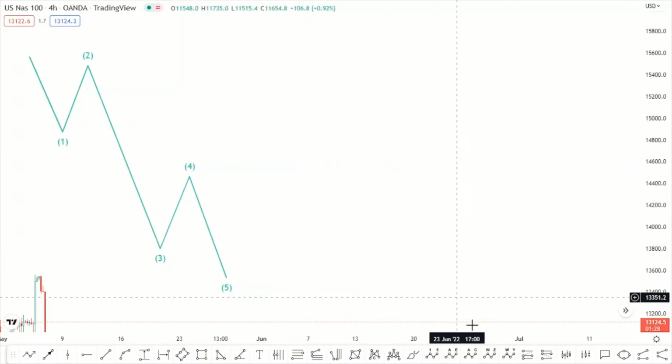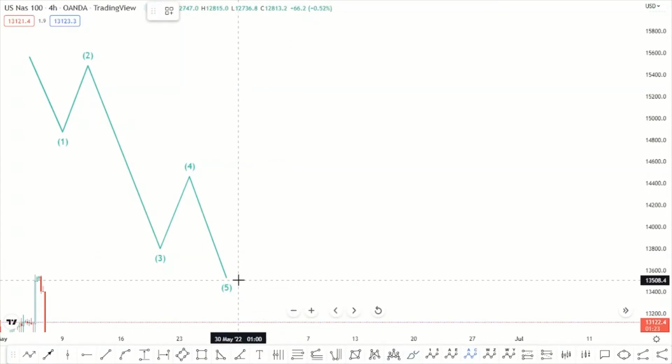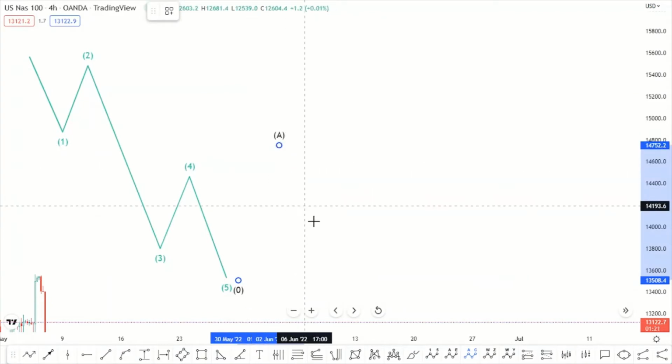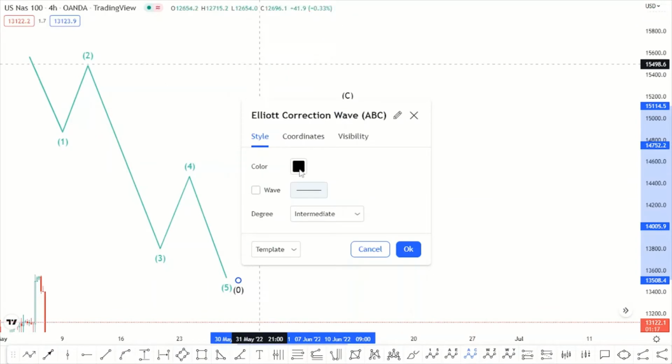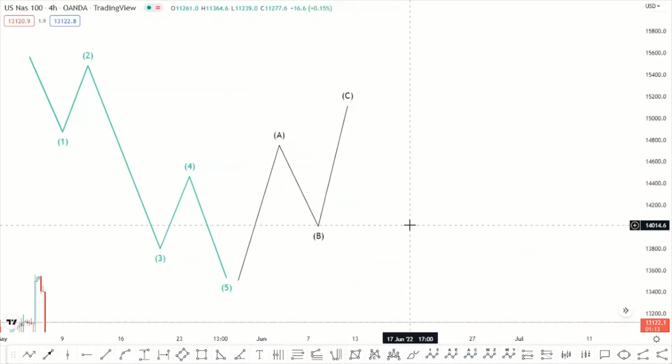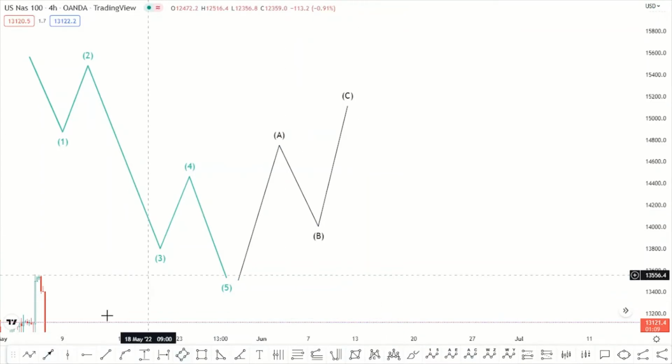After you complete all the structure, you are followed by an ABC correction in the opposite direction, just like this. Then you would be ready to resume your trend, right?